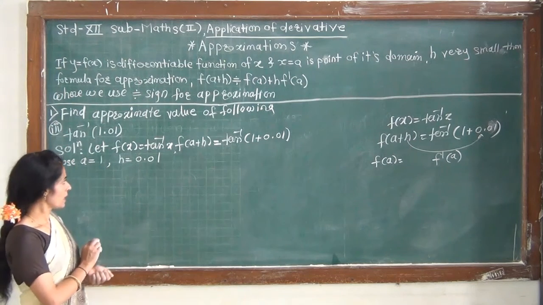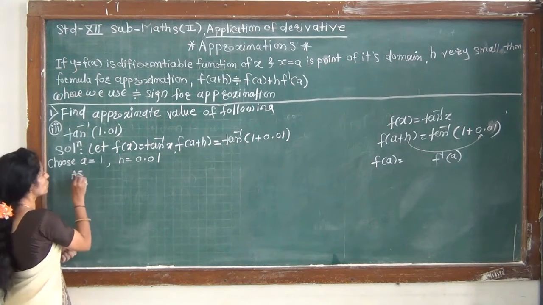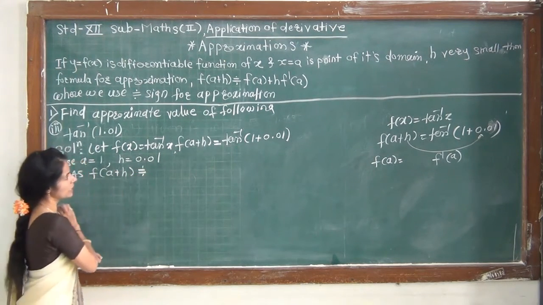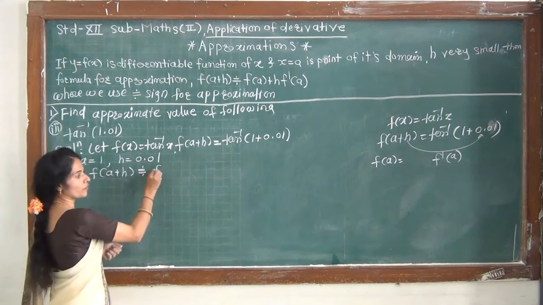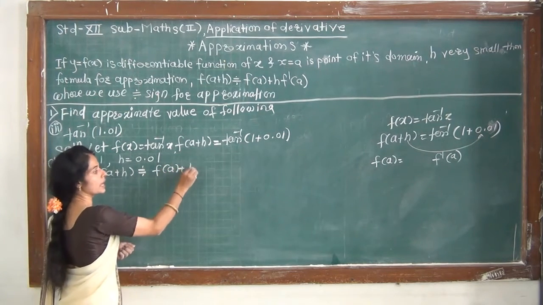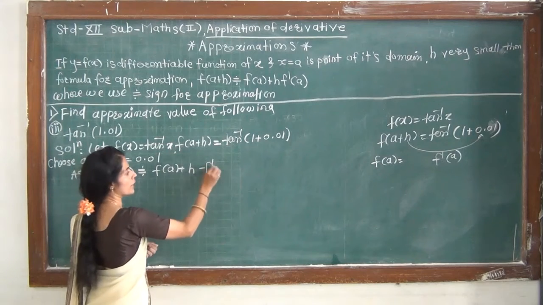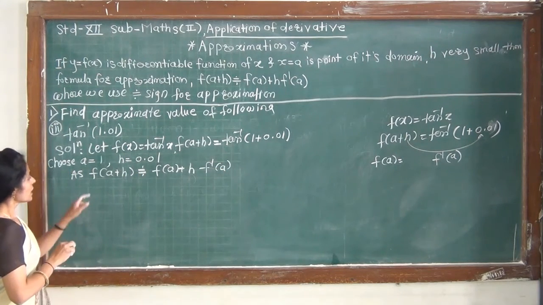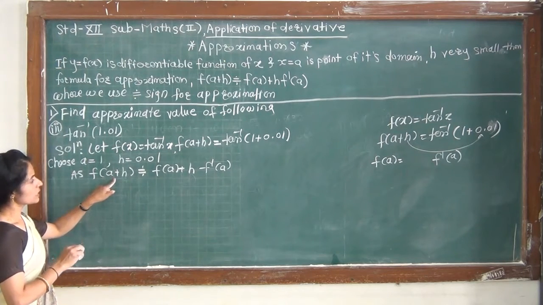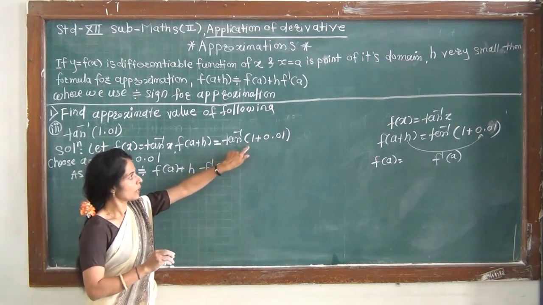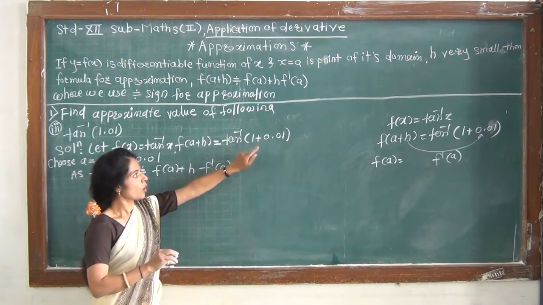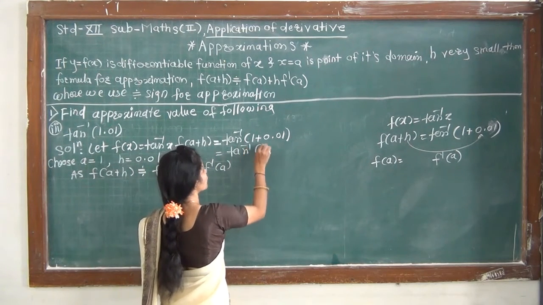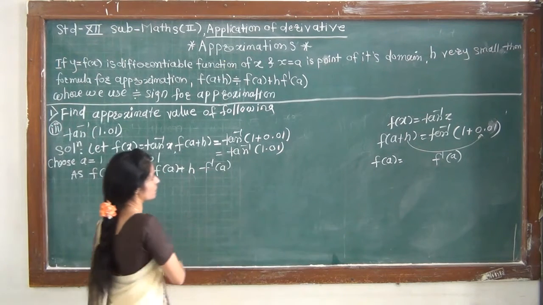Now our formula is, as we know, f of a plus h is approximately equal to f of a plus h into f dash of a. Now f of a plus h is nothing but tan inverse of 1 plus 0.01, which is tan inverse of 1.01.